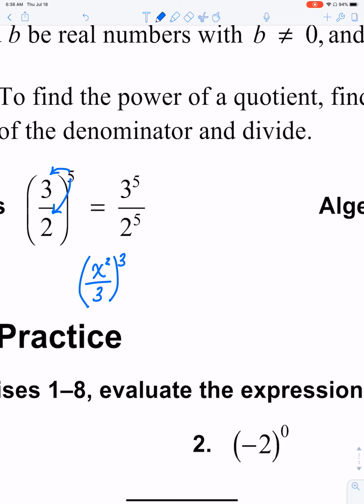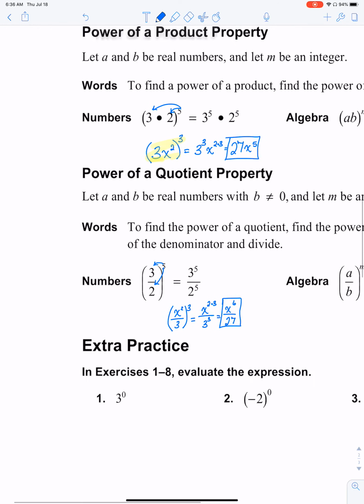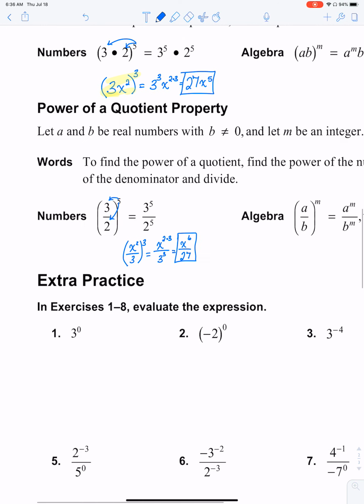You can distribute that 3, so it could be x to the 2 times 3 over 3 to the third, right? Okay, x to the 2 times 3 would be x to the 6th over 3 to the third would be 27. And again, it's just easier to look at. It's a lot nicer. All right, moving on.